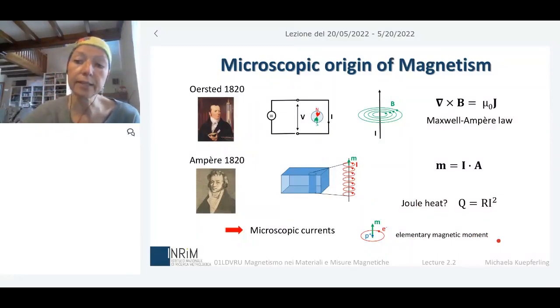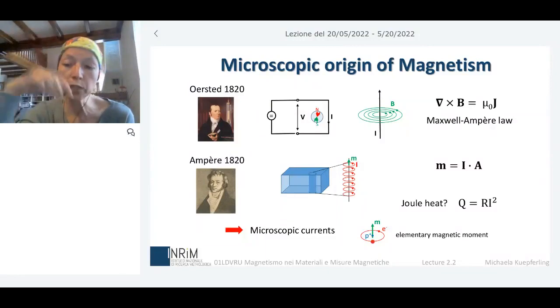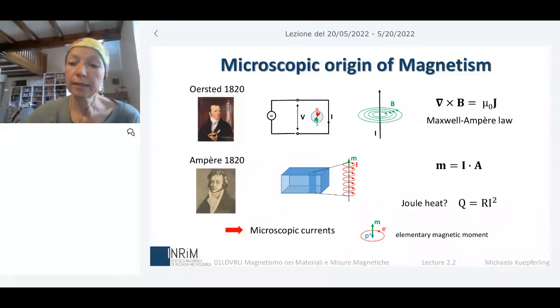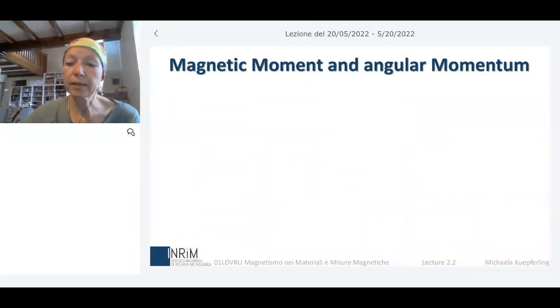Instead, this idea of the electron moving around the proton, or a nucleus, came with the Bohr atom model. And in the Bohr atom model, one first speaks about an elementary magnetic moment, the magnetic moment of one electron.